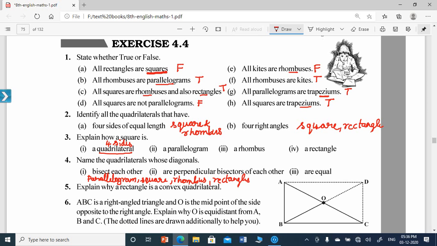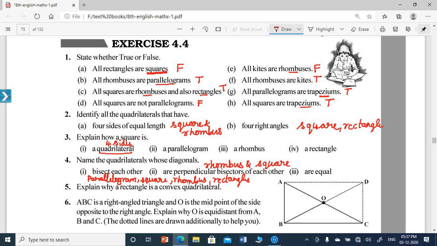Name the quadrilaterals in which diagonals are perpendicular bisectors of each other. The name of the quadrilateral is rhombus and square. In rhombus and square, the diagonals are perpendicular bisectors of each other.